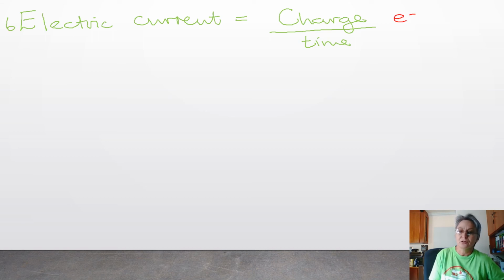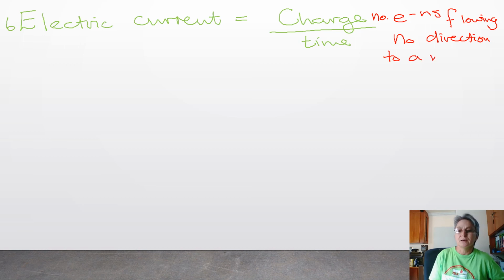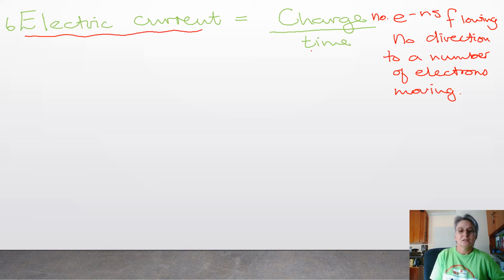It's your electrons flowing. But there's no direction to, sorry, it's the number of electrons flowing. So there's no direction to a number of electrons moving. And the unit time is a scalar. So electric current is a scalar. There's no direction connected to it.